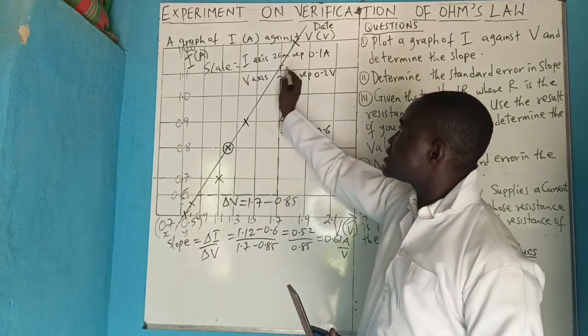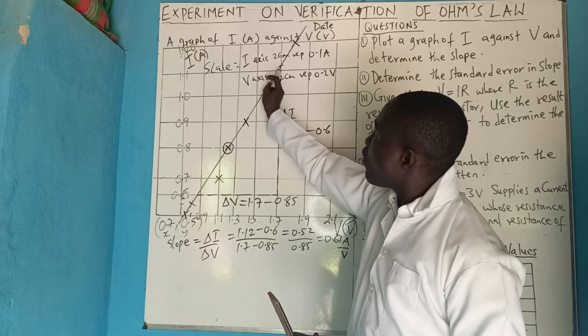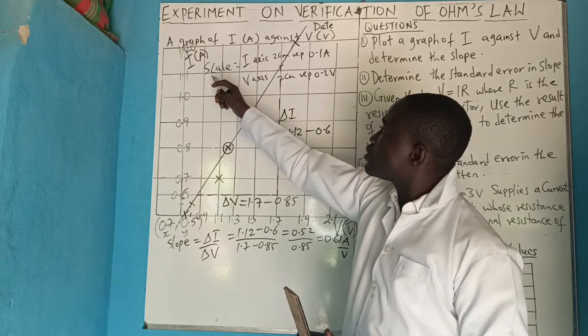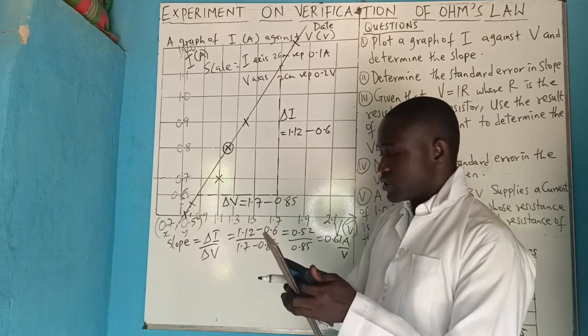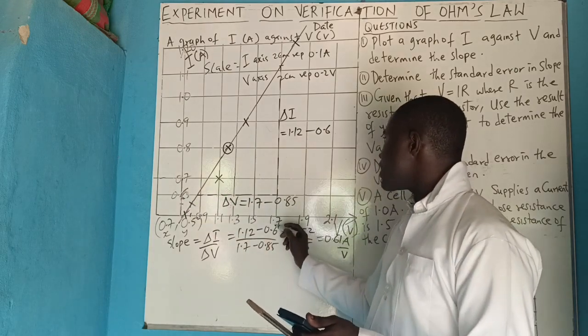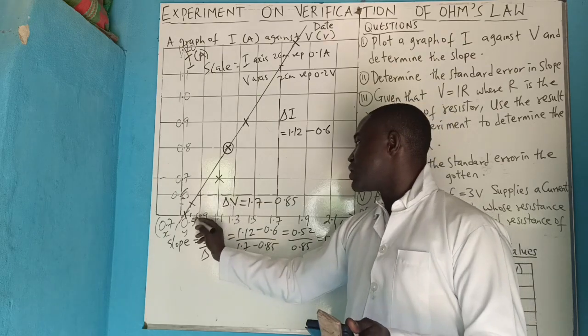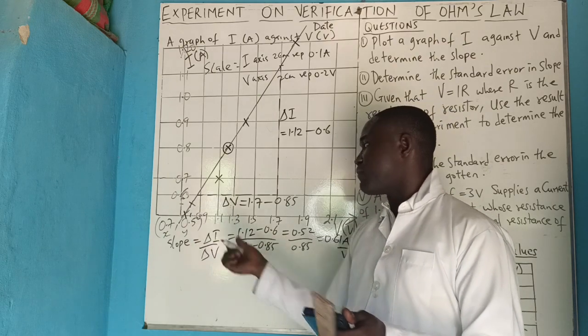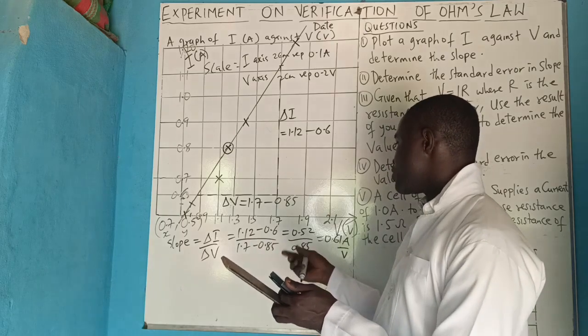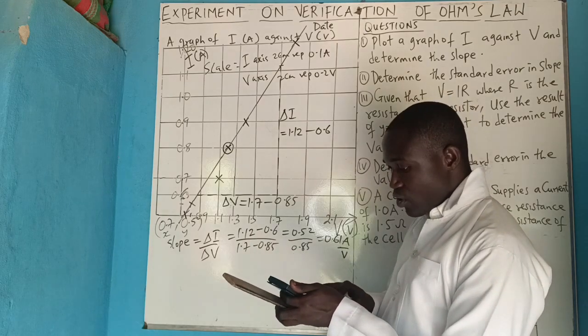So we say take this 1.12, take this 0.6, and take this 1.7, take this 0.85. So that is to make sure that we have it correct.